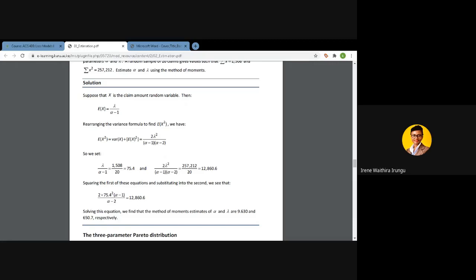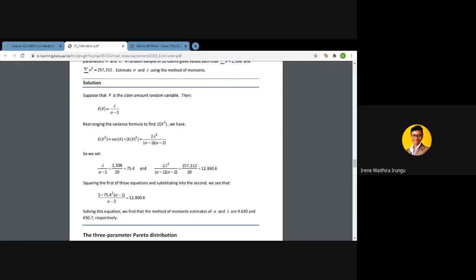Once you obtain, let's say, your alpha, you should be able to use either of the equations to obtain your lambda. So you can solve for these two equations simultaneously. Ensure you undertake this or simplify this so that you're able to verify that your alpha is 9.63 and your lambda is 650.